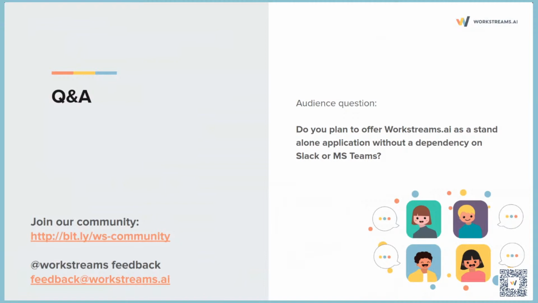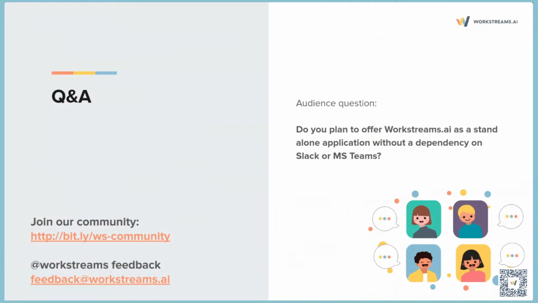Audience question number 1. Do you plan to offer Workstreams.ai as a standalone application without a dependency on Slack or Microsoft Teams? So this is a question which we receive every now and then from organizations which are using different communication platforms which are not really in our support list at this moment. And we have a couple of prerequisites for this to happen.